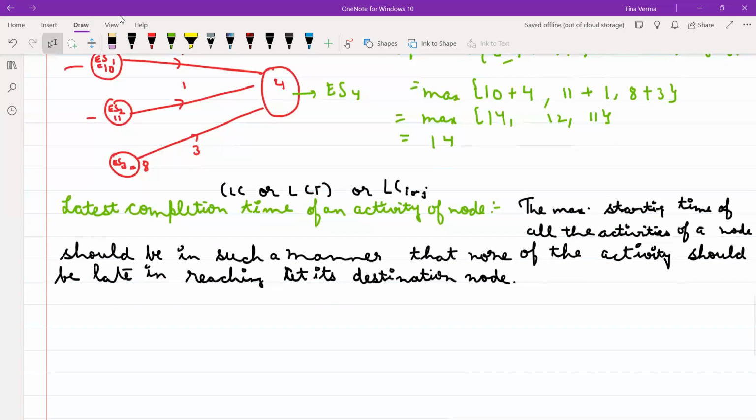So what is your latest completion time of activity? That means the reverse of that part.